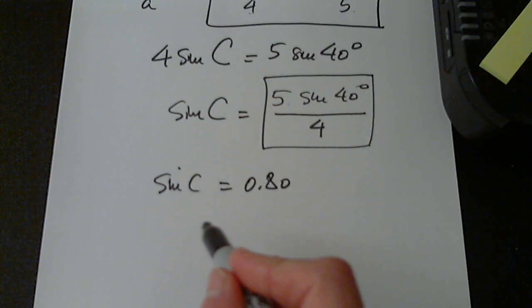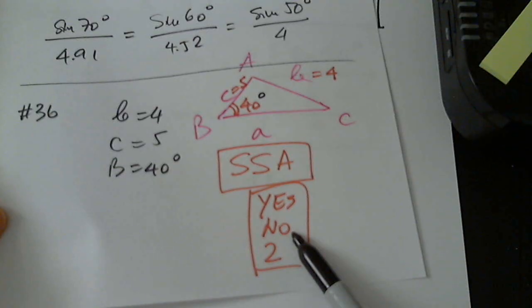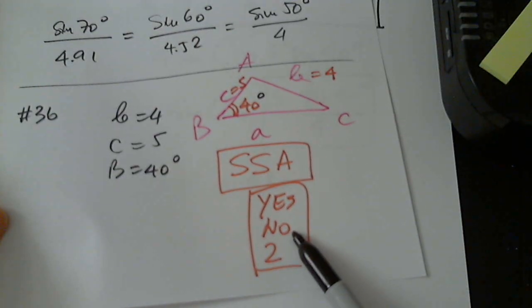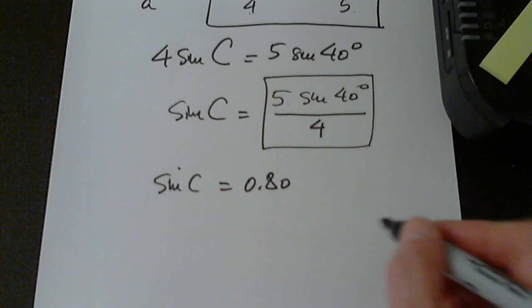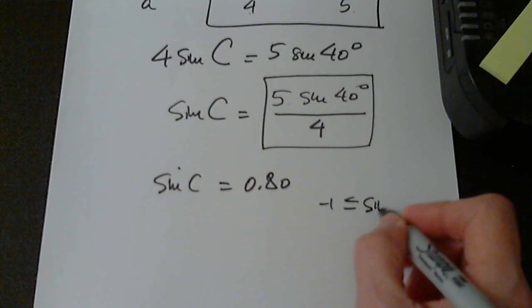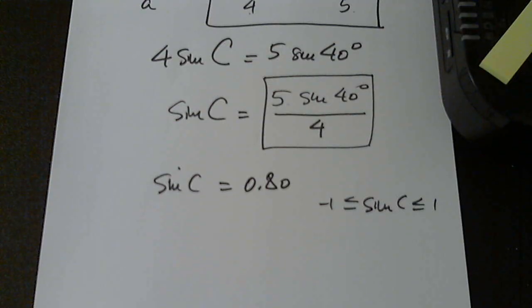Because if it's not possible, I'll say the situation is no, and I'm done. Can sine of an angle be 0.8? Yes. Of course. It's because the sine of any angle is between -1 and 1. 0.8 is in the range.